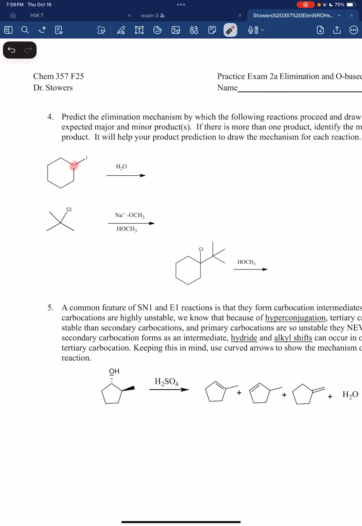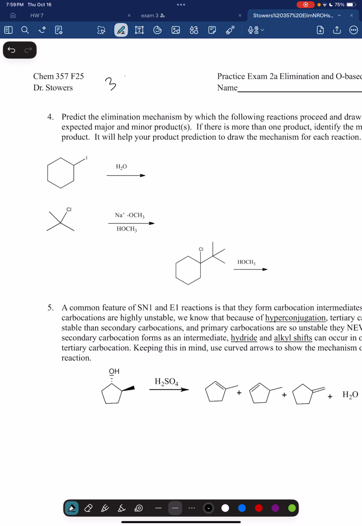It is a secondary carbon. With elimination reactions, that doesn't make as big of a difference because tertiary is always going to be the fastest for E1 and E2. So that doesn't matter quite as much.